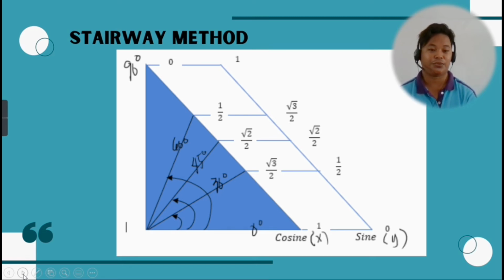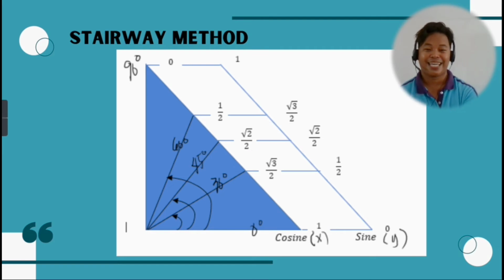This method will help us calculate the cosine and the sine functions without using a calculator. So take a look at the given values. Cosine of 0 is 1. Cosine 45 is equal to square root of 2 over 2.